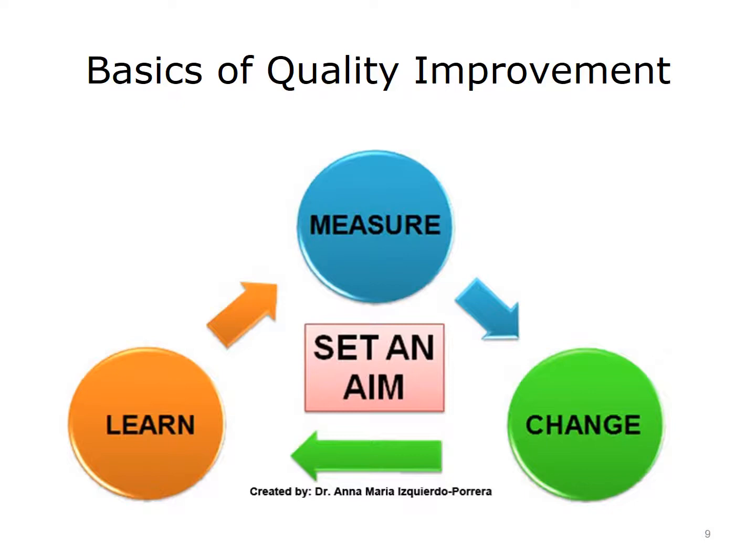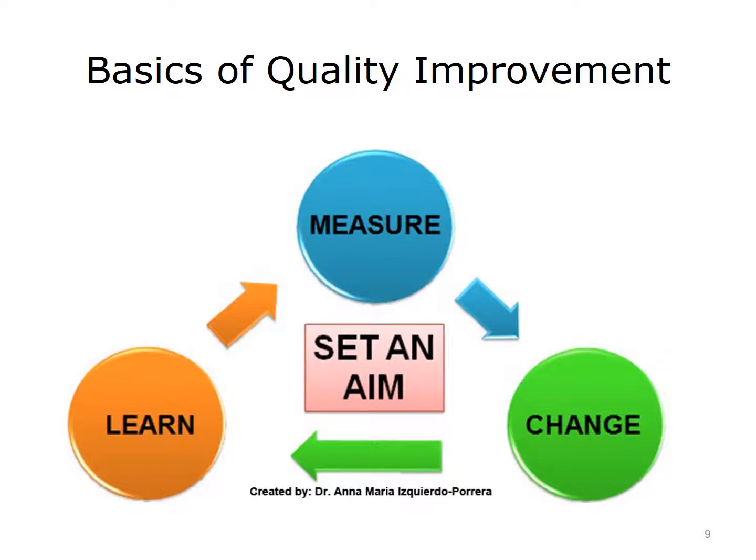The quality improvement process starts when you set an aim. You cannot improve a system if you do not have a clear idea of what you need to improve. Subsequently, a continuous cycle of measurement, change, and learning starts. Measurement is an essential component of quality since you must have the ability to measure change, to direct change in the appropriate direction.